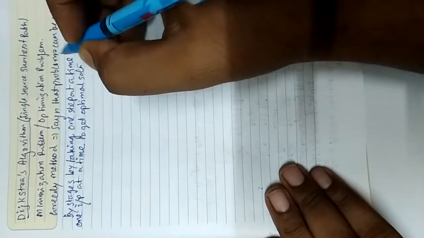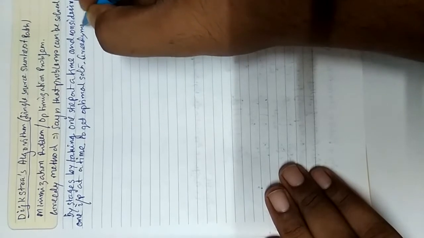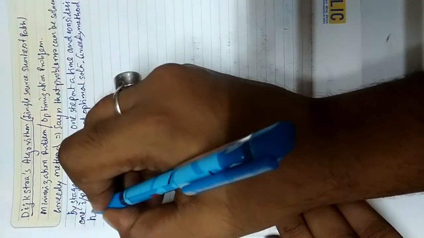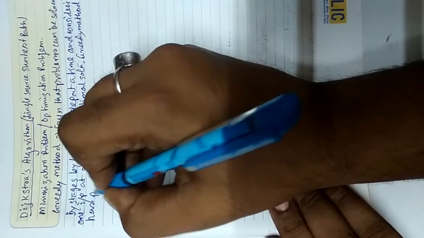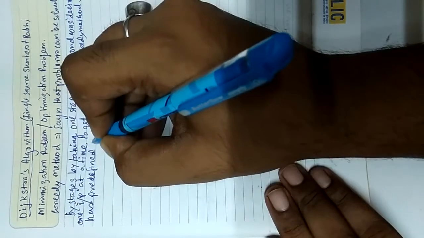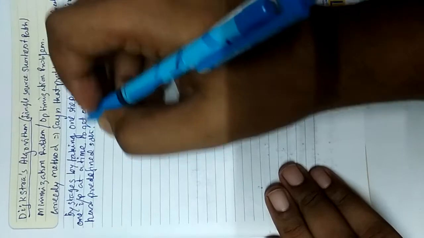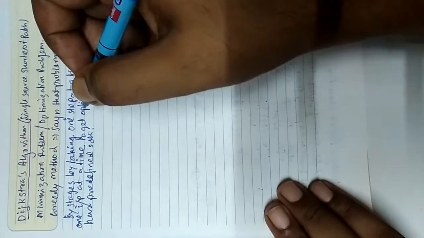And the greedy method has a predefined solution, or predefined steps. So we will follow those predefined steps and we will find the minimal cost.